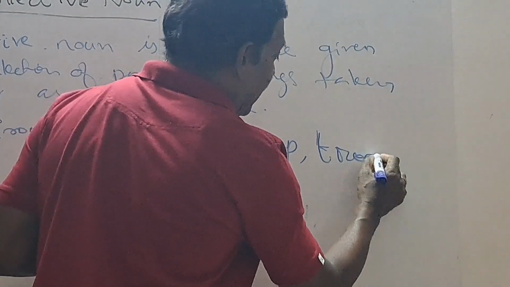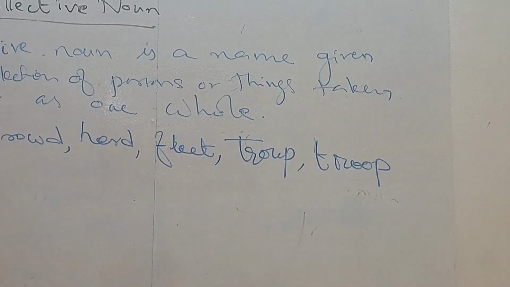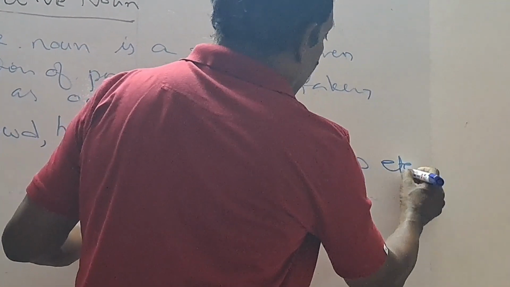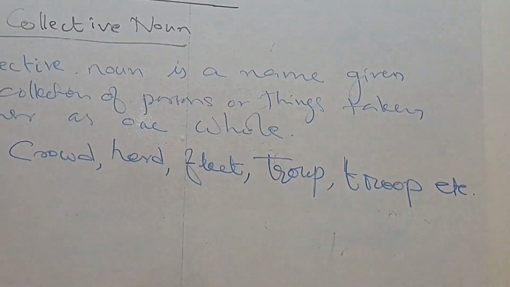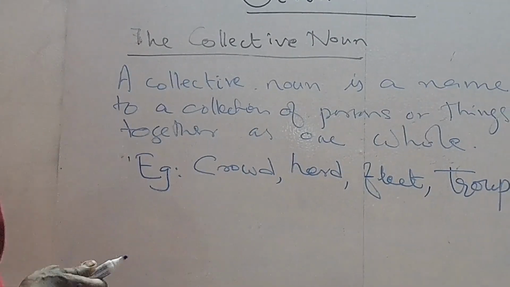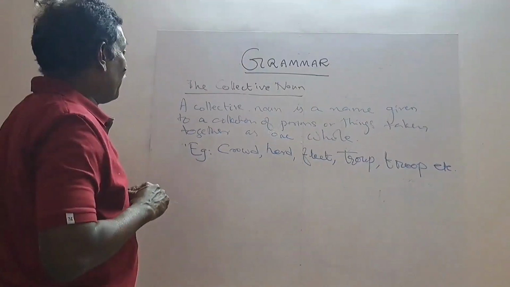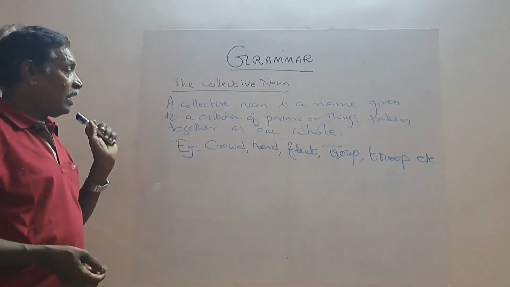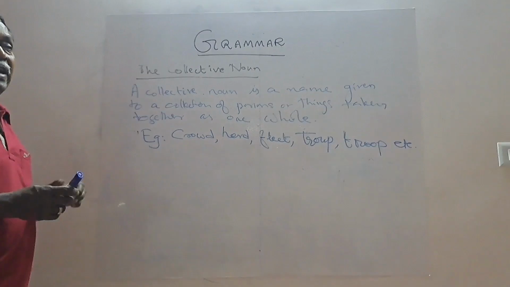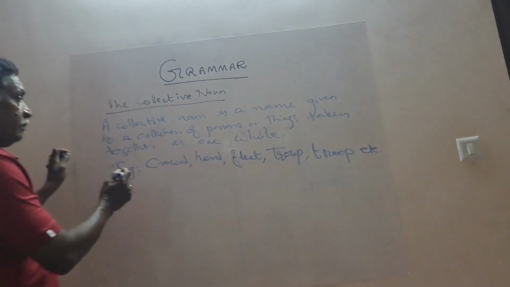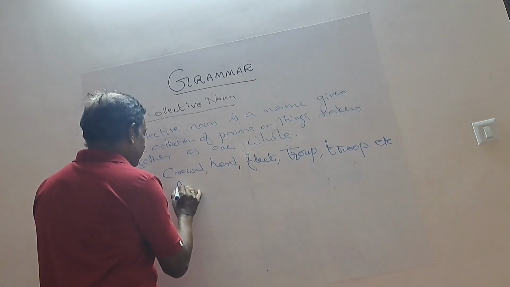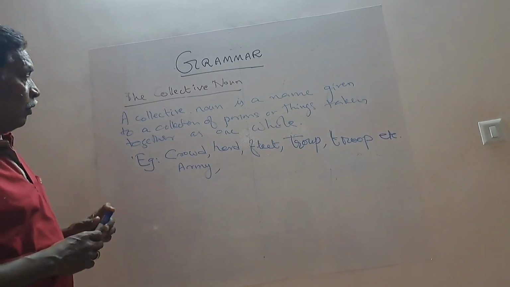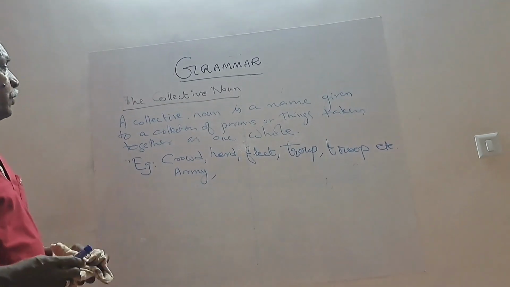Troop, collection of monkeys, group of monkeys. All these are collective nouns. So a collective noun is a name given to a collection of persons or things taken together as one whole. Example, crowd, herd, fleet, troop, etc. Another example is army. Collection of soldiers. Okay. So this is collective noun.